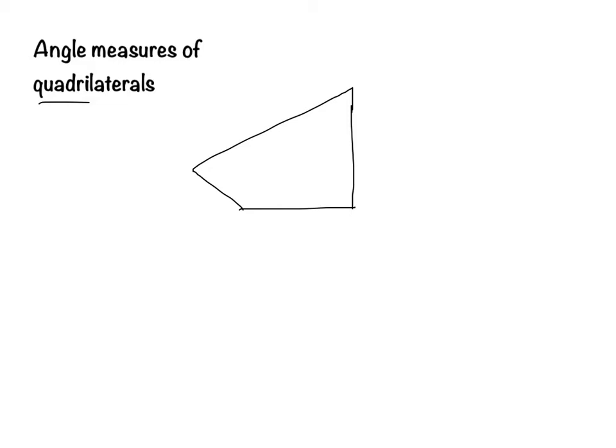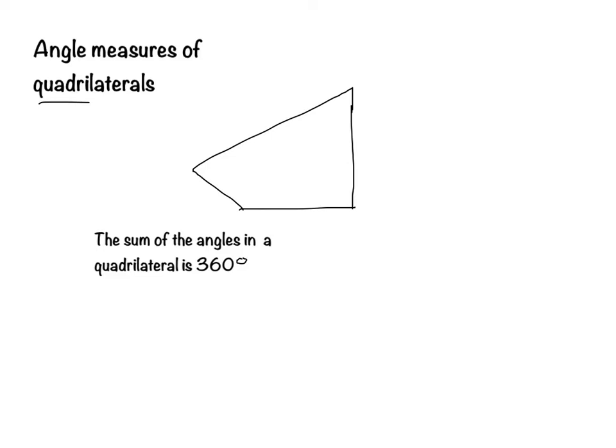What we need to know is that the sum of the angles in a quadrilateral is 360 degrees.